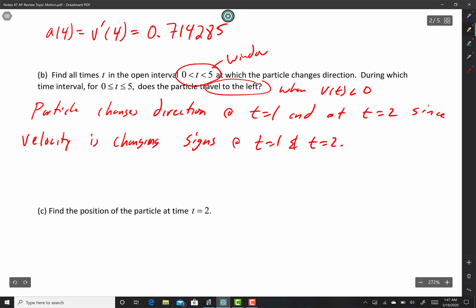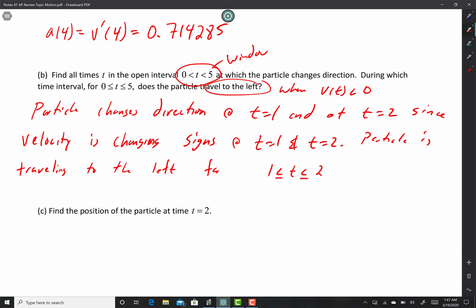All right, now let's answer the question of when I'm traveling to the left. So I'm going to write particle is traveling to the left for 1 less than t less than 2. It could be, if you want to write closed interval, that's fine as well. You could also write an interval notation, 1, 2.